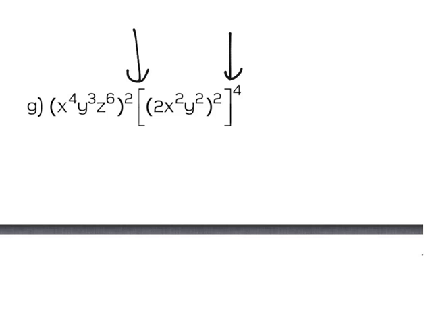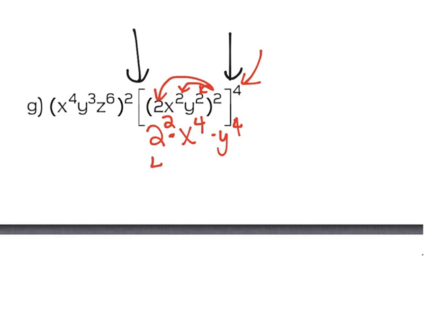So we must do that first before we distribute the outside, the most outer exponent. So we're going to apply this to everything, all the coefficients and all the exponents. So this will expand out to be 2 to the 2nd power times x to the 4th power times y to the 4th power.